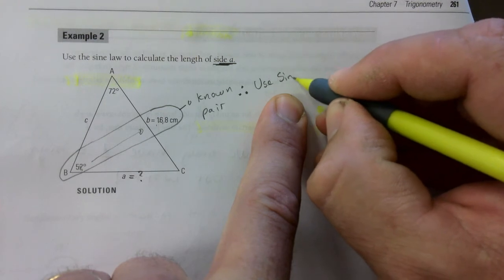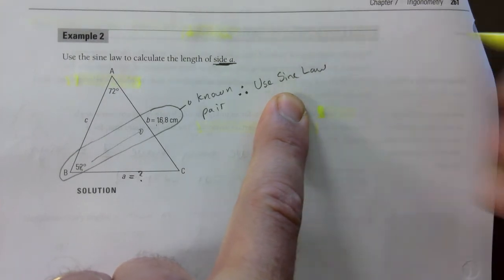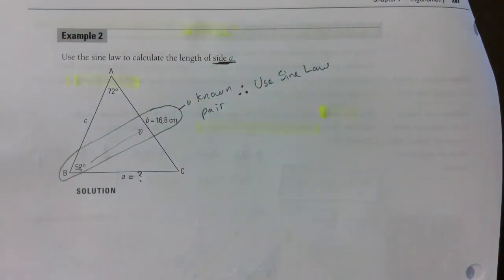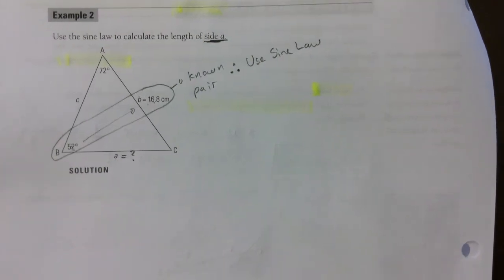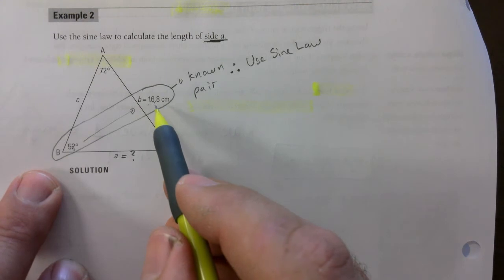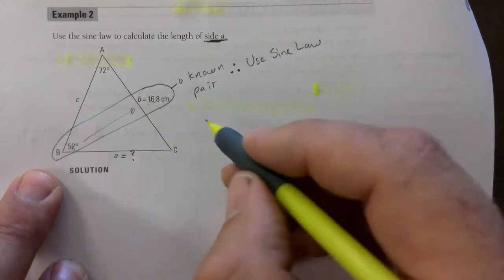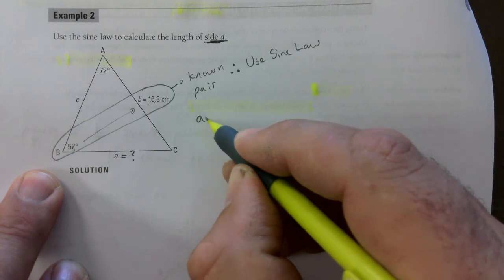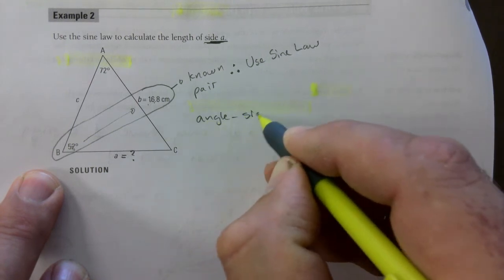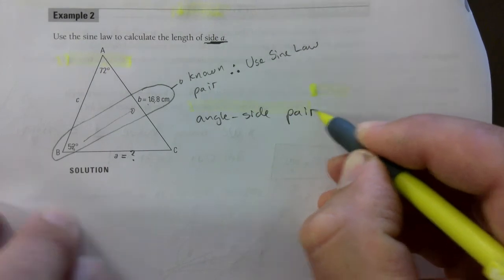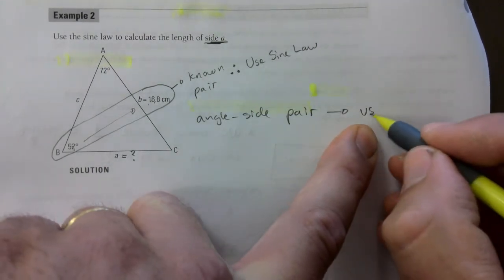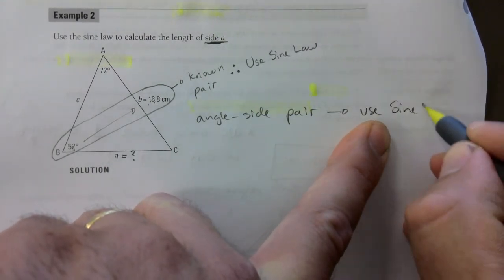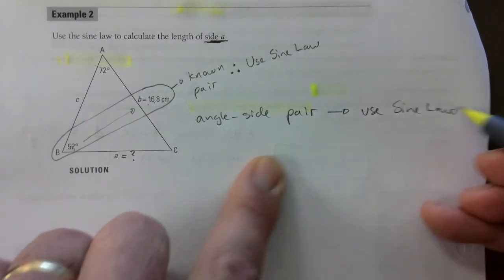You know you're going to use sine law in this case, because soon you're going to have to pick, right? So if you have a known pair, you're going to use sine law. Angle, side, pair, use sine law.